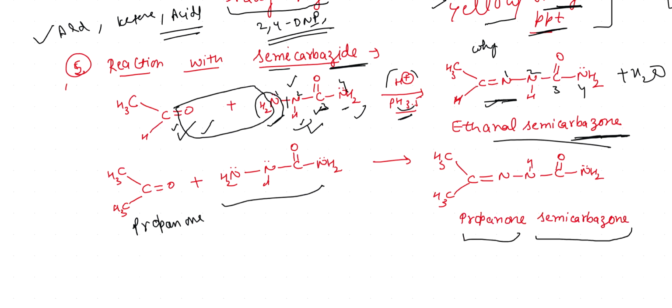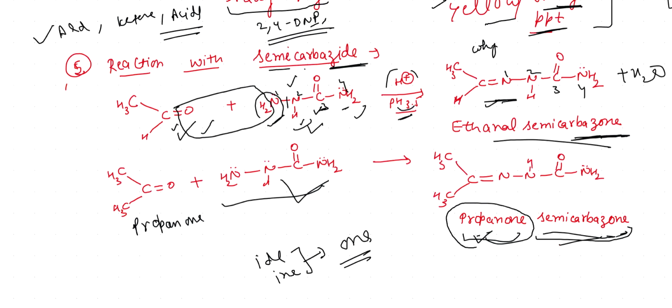So when the reactant is changed, the prefix is used according to the name of the reactant, and the suffix will depend upon the reagent name. If the reagent is semi-carbazide, then the suffix will be turned into semi-carbazone. Either if there is ide or ine, it will be converted into one. Clear?